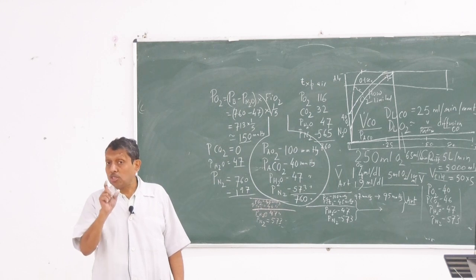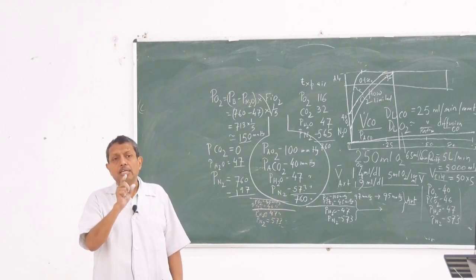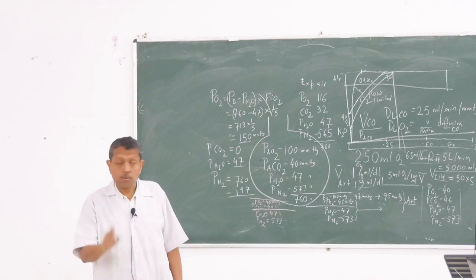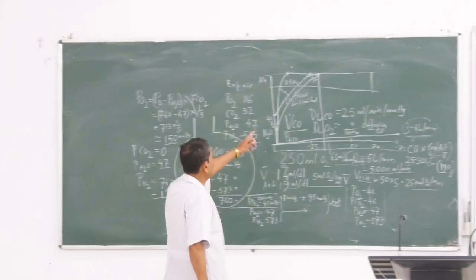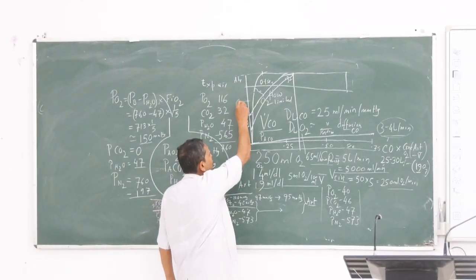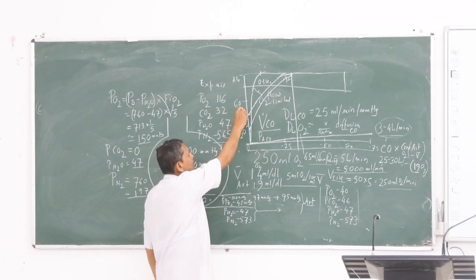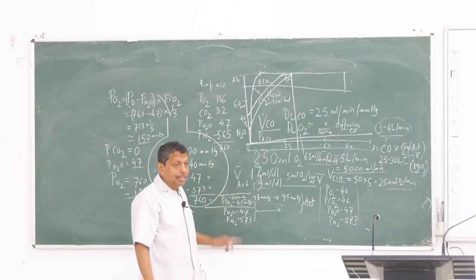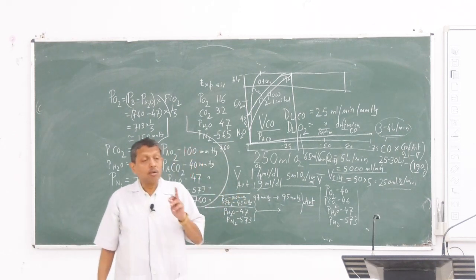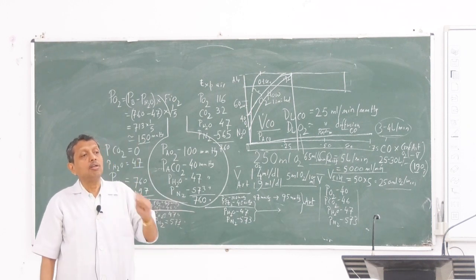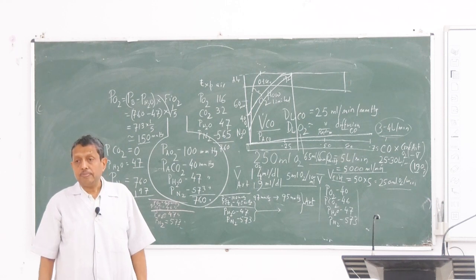Now one point is that during extreme hypoxic condition, when this value is not 100 millimeter of mercury, suppose it is 60 millimeter of mercury, at a high altitude, in that condition during exercise, it is possible that it will not reach the alveolar level.